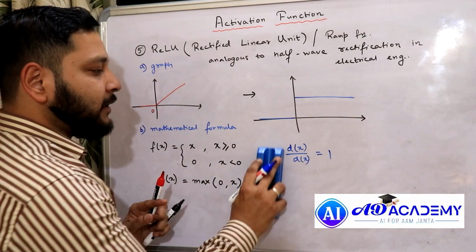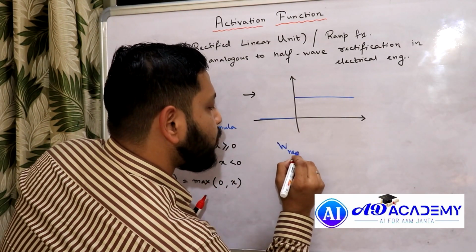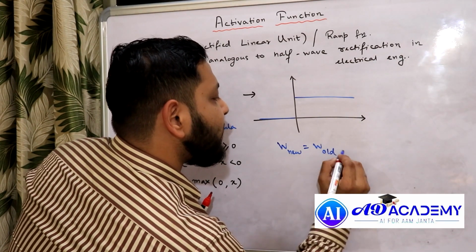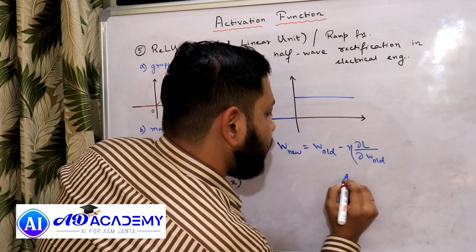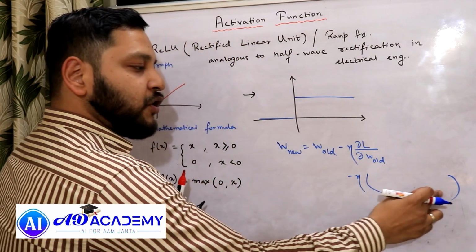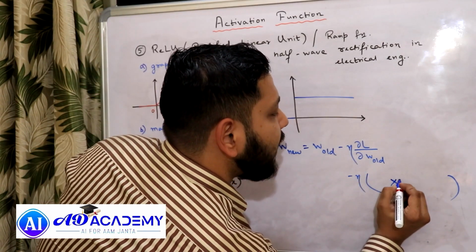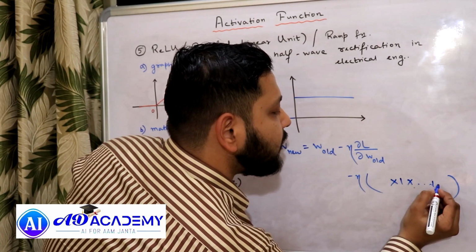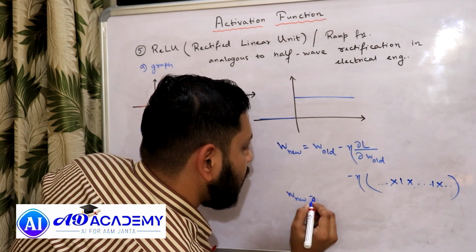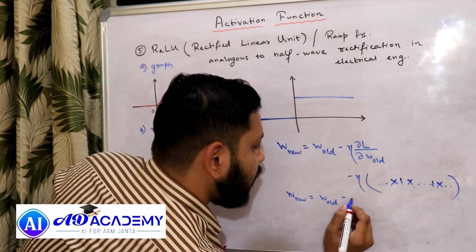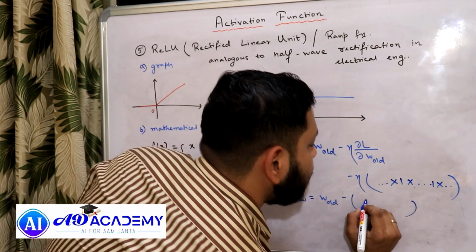So when we are updating our weight, w new, in this chain rule, when we are taking the derivative, some value will come as 1 and like this. So the new weight will be updated because there will be some value.